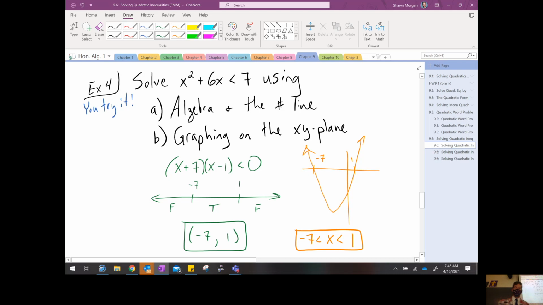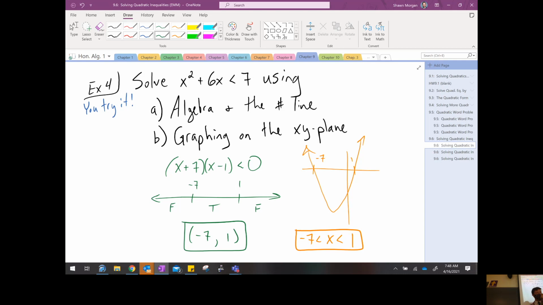Jake, do you not have to draw a dotted parabola with less than? Great question. I do not, because the graph is not my answer. The graph helps me figure out my answer.